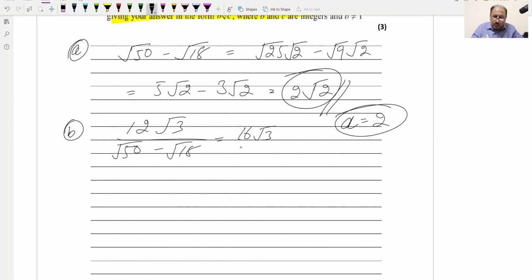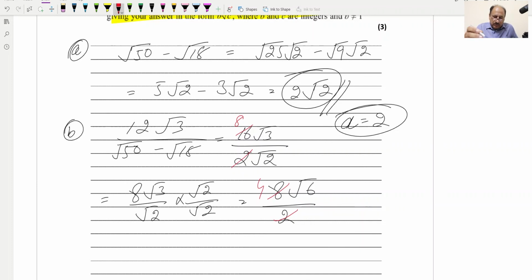So 16 under root 3 over 2 under root 2, cancellations, 2 will be cancelled and this will be 8, and we will get 8 under root 3 over under root 2, and now we can multiply and divide by under root 2, and this will be equal to 8 under root 6 over under root 2 square, which will be 2, and further cancellations, this will be 4, and this is basically 2 8s are 16.